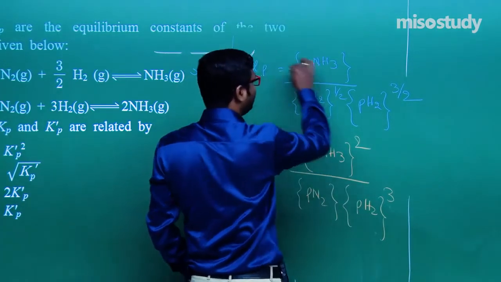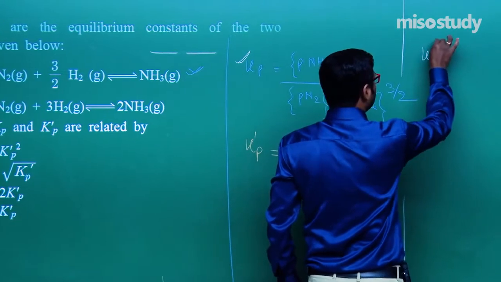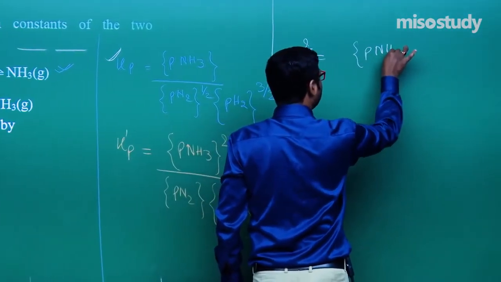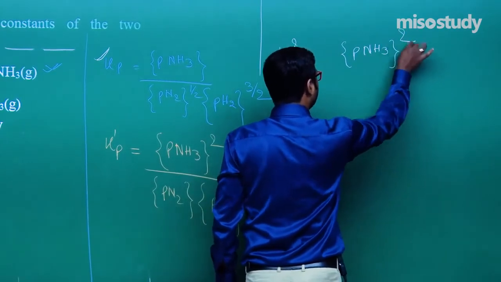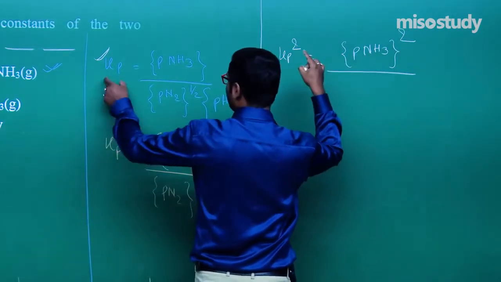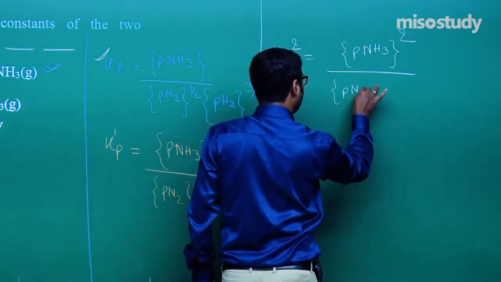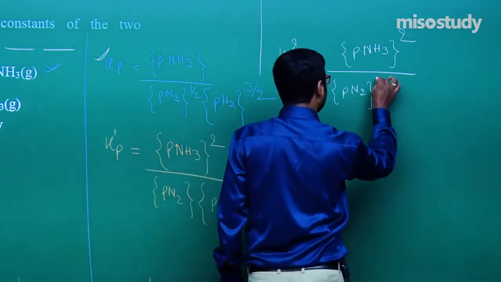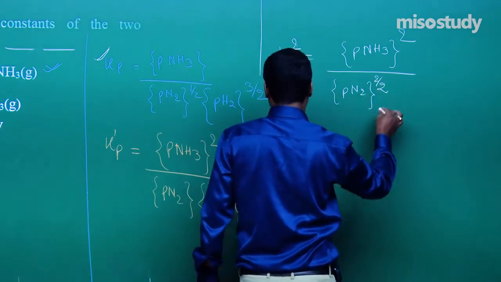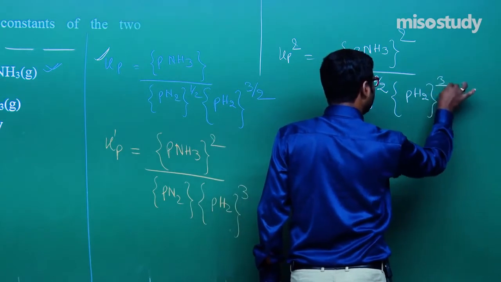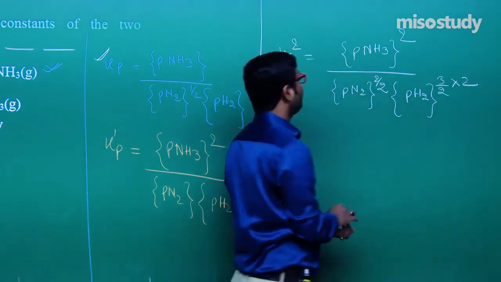On multiplying, Kp square is equal to PNH3 square upon PN2 to the power 2 by 2 and PH2 to the power 3 by 2 into 2, squaring both sides.